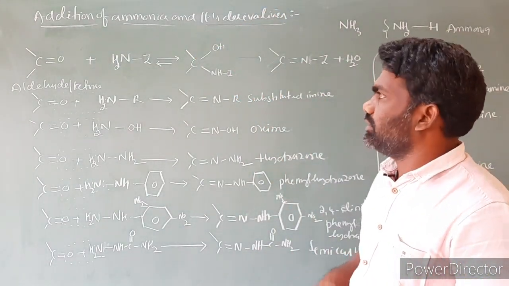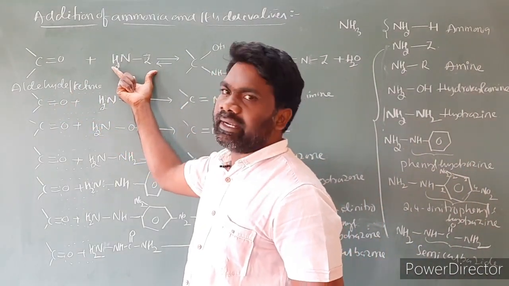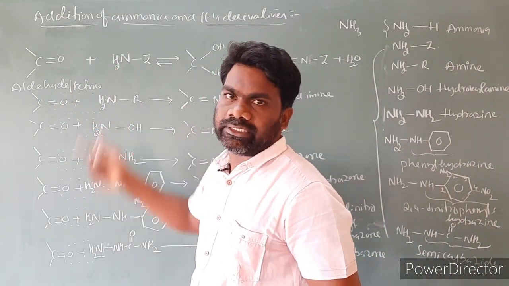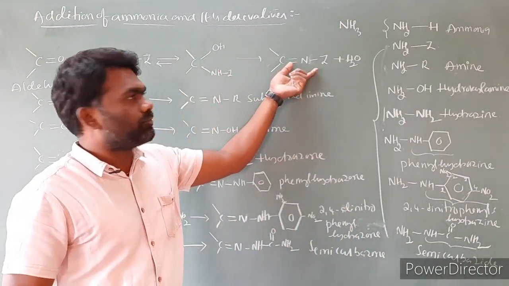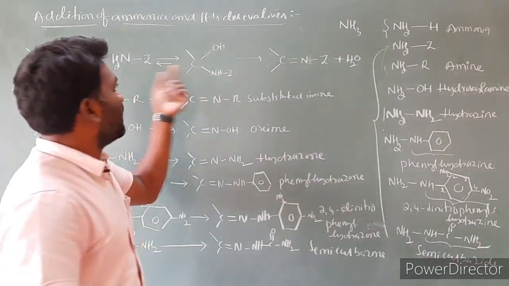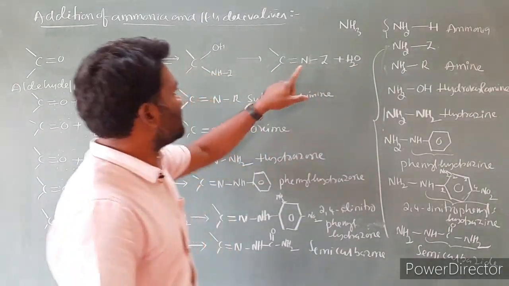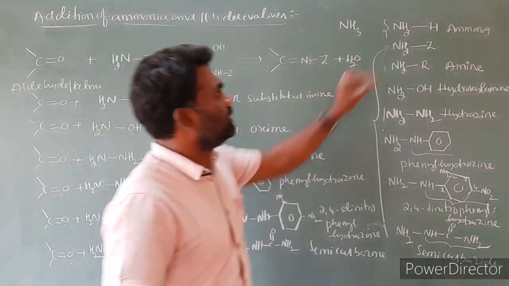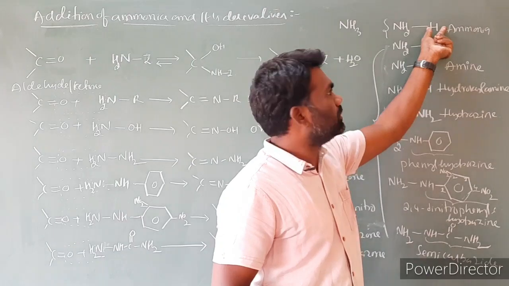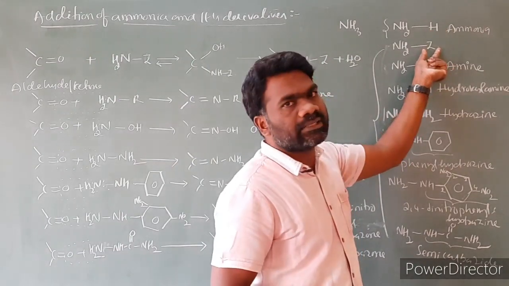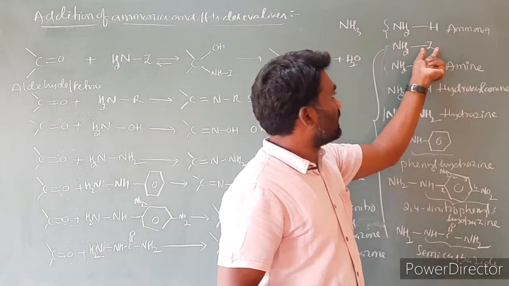and ketones. Aldehydes and ketones react with ammonia and its derivatives, and when we remove the water we get an addition product. So here we have to discuss Z. Z is nothing but, from the ammonia, we remove this H, and the H I am labeling as Z. To this Z we can attach different types of groups.